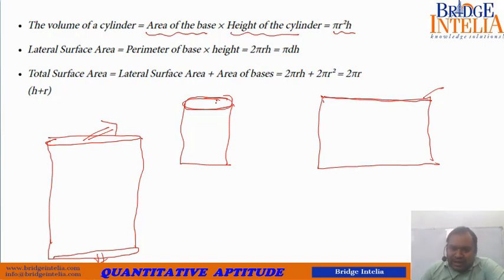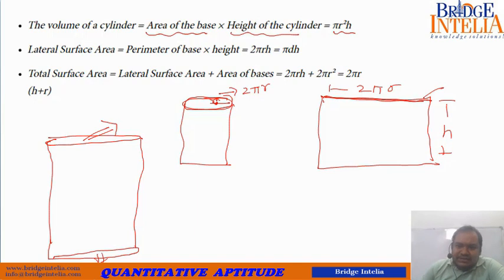If r is the radius, this will be 2 pi r, because the circumference is 2 pi r, and this will be height h. So it is like opening the cylinder.